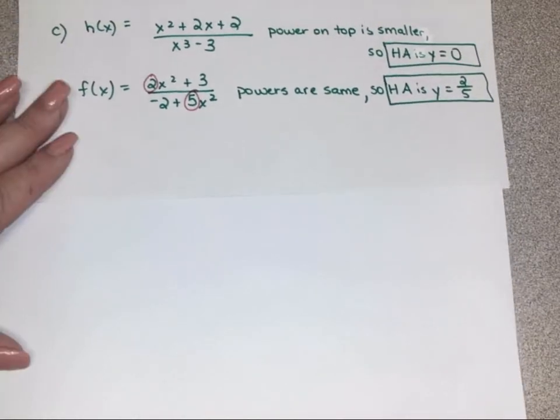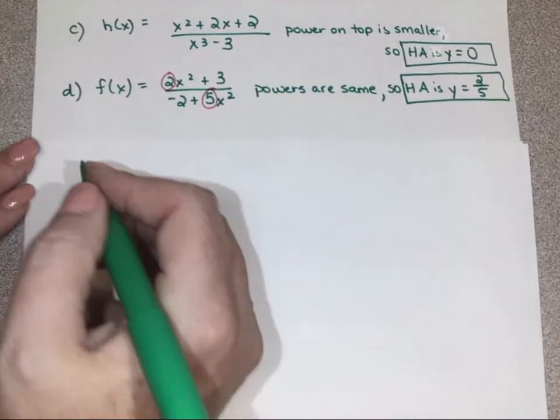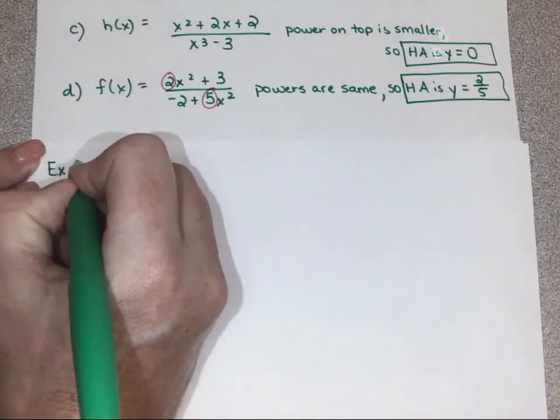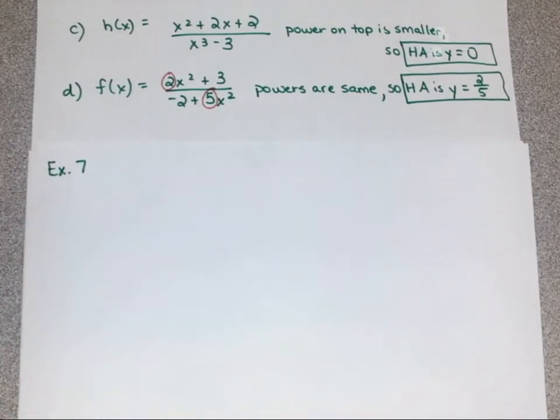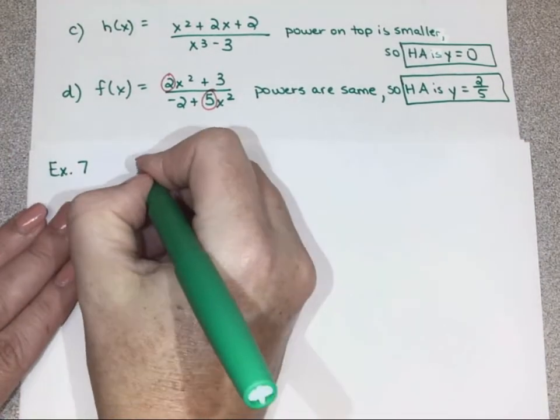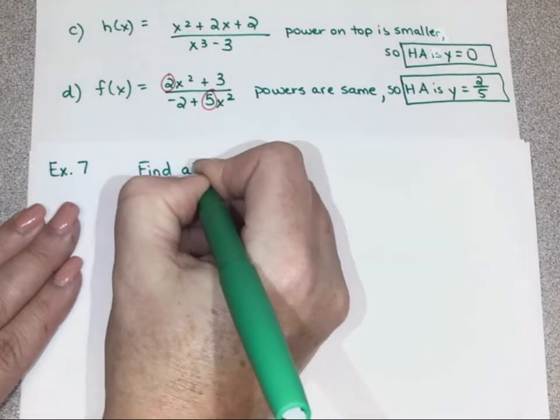Okay, so we're going to get to graphing some of these on our own, but I want you to quickly try to sketch a graph with me, and I want you to try to find all the asymptotes.